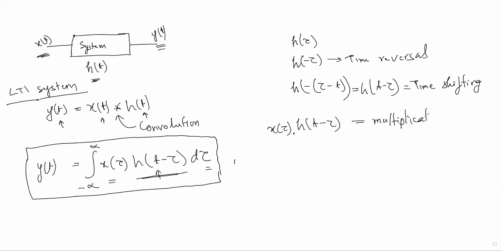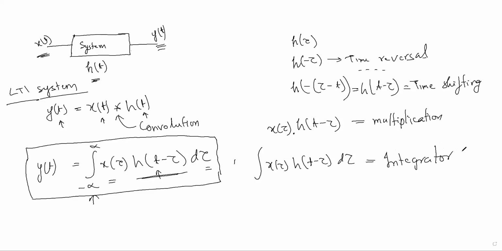It is many times asked in interviews what operations are needed to implement a convolution equation, or a convolution hardware. These three I have already said: time reversal, time shifting, and multiplication. And then the integration term is also there: x of tau, h of t minus tau d tau, so integration is an operation as well.